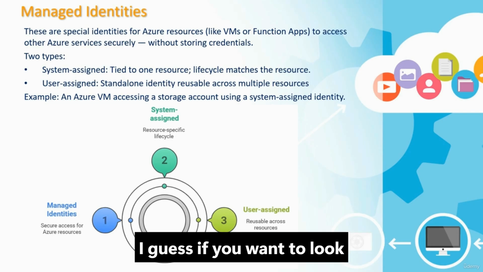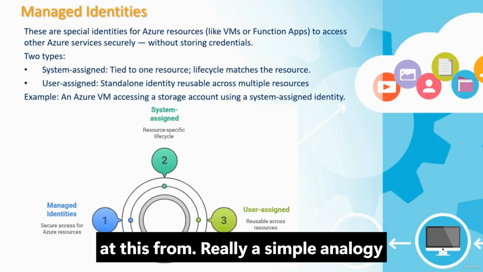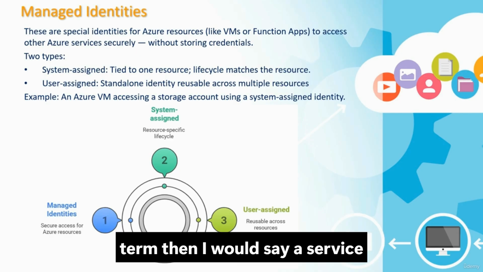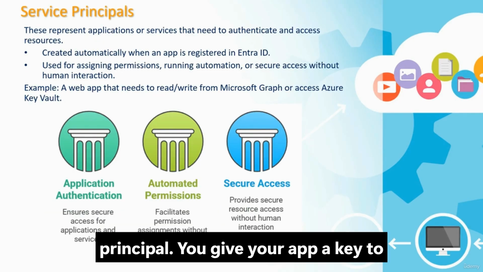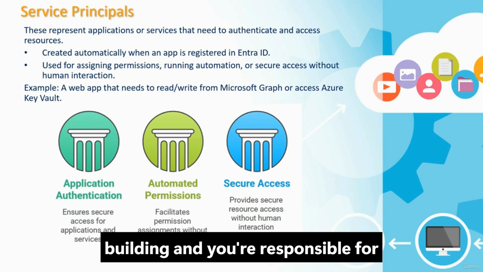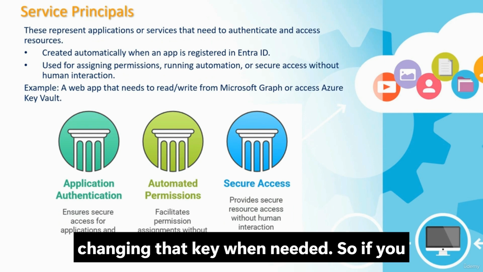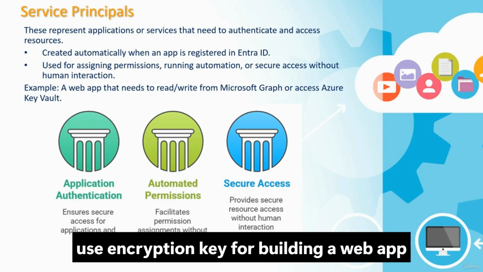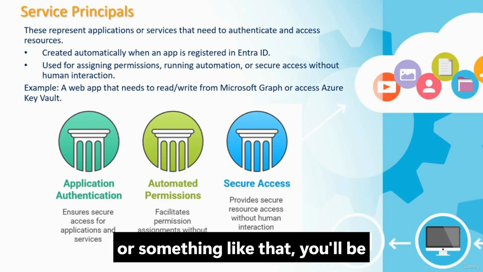Okay, and then if you want to look at this with a simple analogy, with a service principal, you give your app a key to the building, and you're responsible for changing that key when needed. So if you use an encryption key for building a web app or something like that, you'll be responsible for dealing with the encryption key yourself.